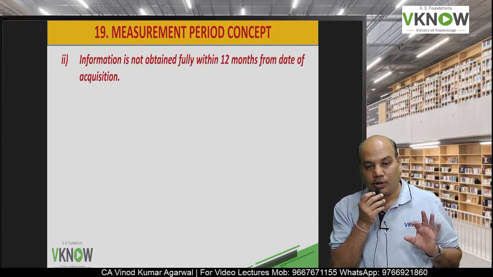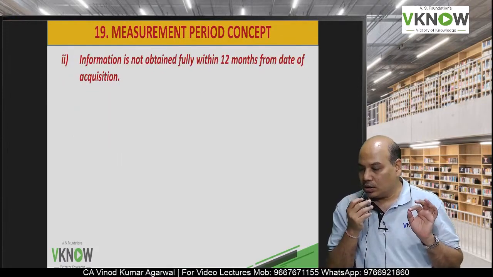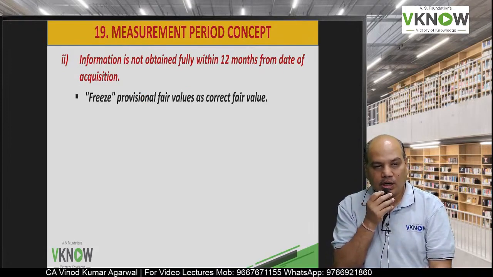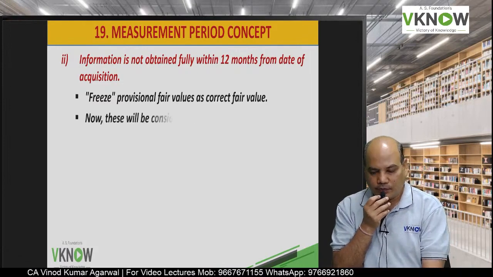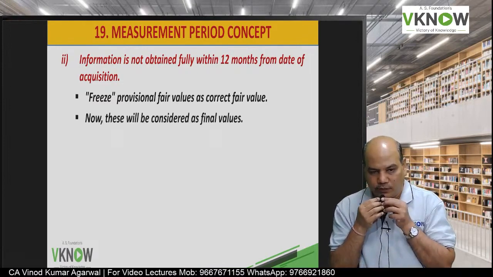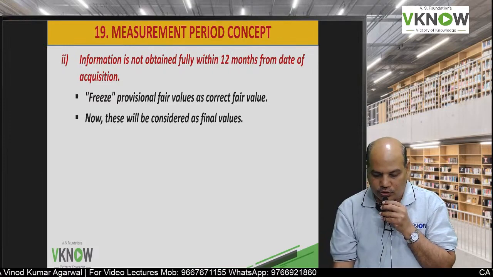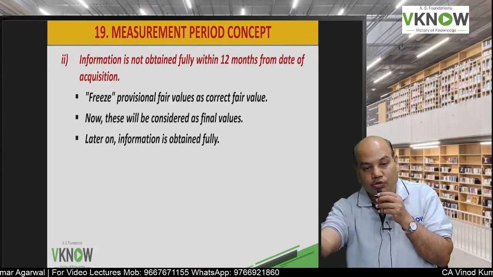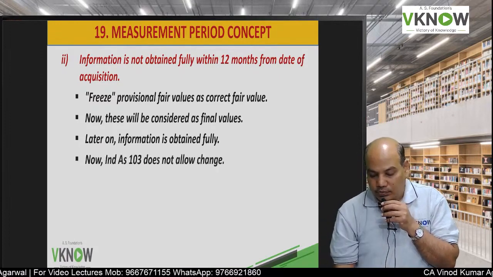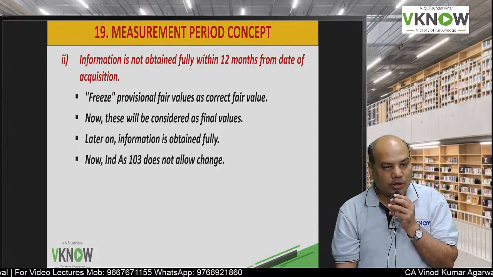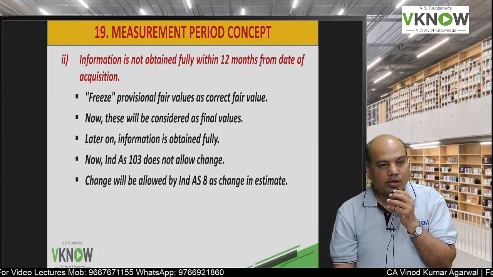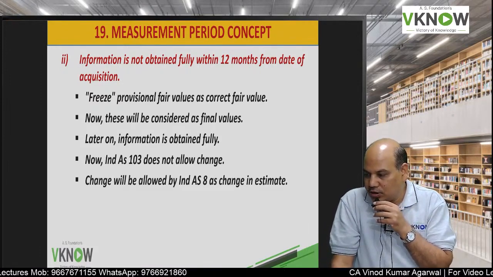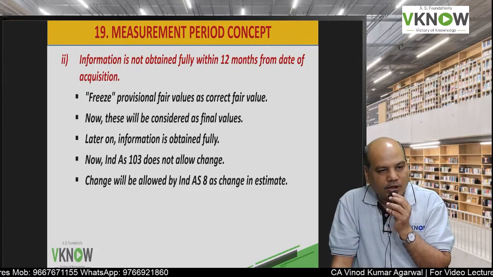But suppose you are not able to obtain full information within 12 months from the date of acquisition, then I have to freeze the provisional figure. Now I can't change the provisional figure as per IND AS 103. Later on, after 12 months is over, you got the information, then IND AS 103 is not applicable, but IND AS 8, accounting for changes in accounting estimate, will become applicable.